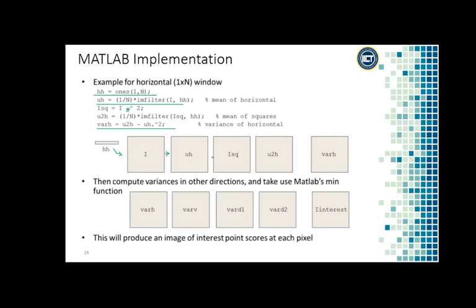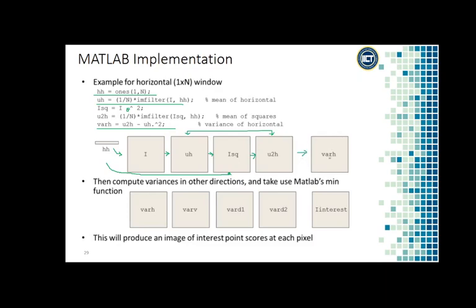Of course, you can get the squared values by just squaring, and then applying this filter to these squared values, we get U2H. Once we get this, we can just subtract these two to get the variance.